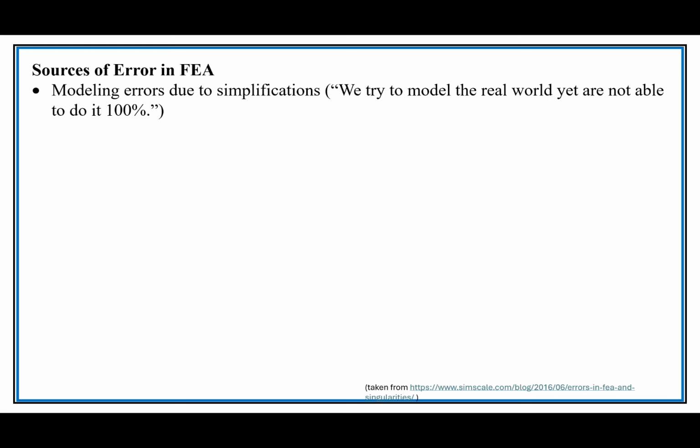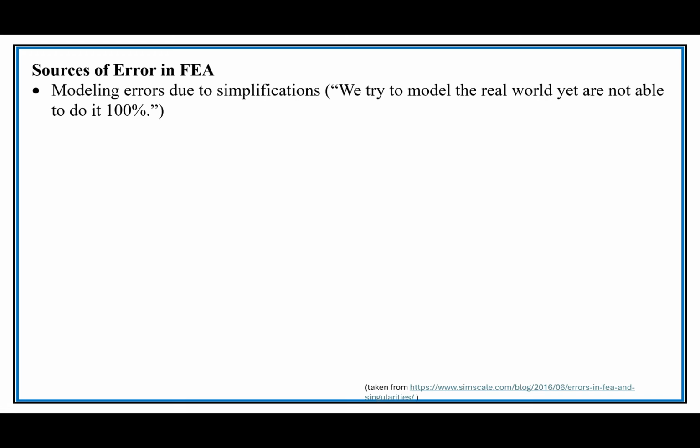You don't want to mix and match if you can help it. There are different codes nowadays that have some simplifying features, so you don't have to model every aspect of a thing into your FEA.